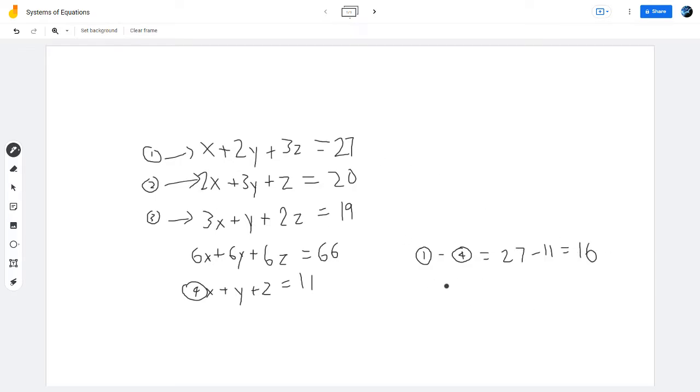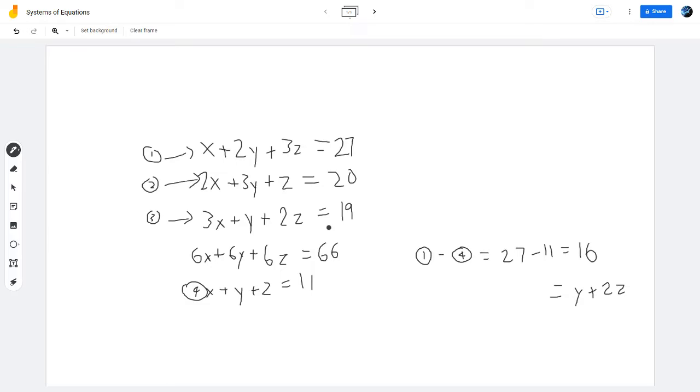And this is also equal to y plus 2z. Basically what we're trying to do here is reduce it to a system with only 2 variables, because then it's a lot easier to solve the problem.